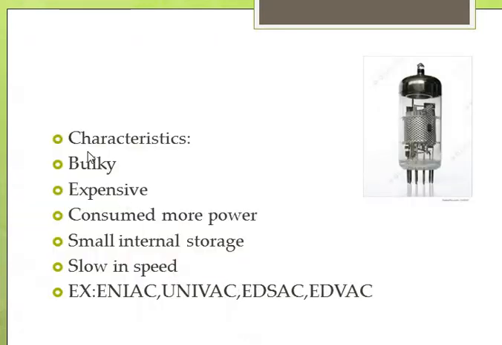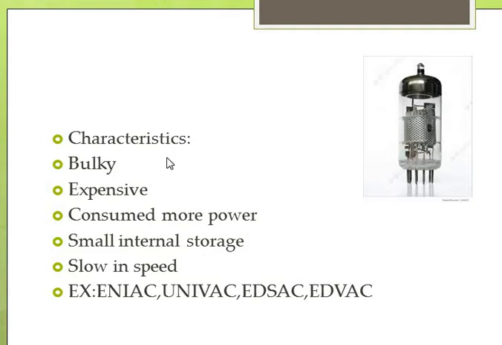The characteristics of first generation computers are: they are very bulky, expensive, consume more power, small internal storage, that is their memory capacity is very less, and slow in speed. Examples of first generation computers are ENIAC, UNIVAC, EDSAC and EDVAC.